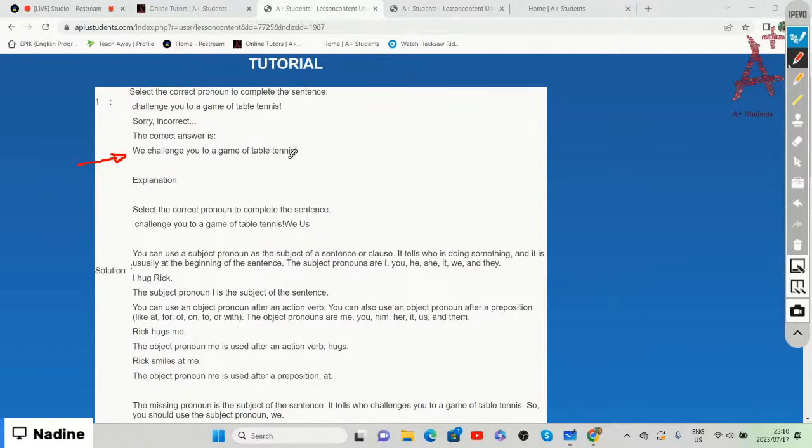We challenge you to a game of table tennis. Within the sentence, we basically have two pronouns. We have a subject pronoun, and you can even say that you have an object pronoun, because there's one that comes after the verb as well as the subject at the beginning of the sentence.